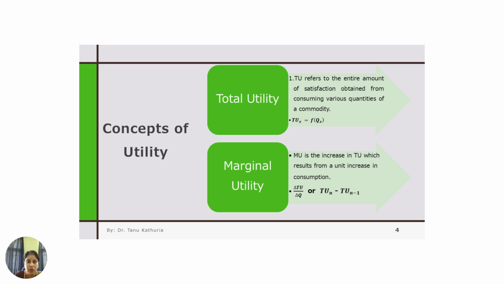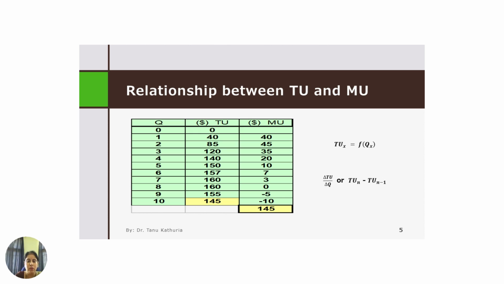But when I say marginal, it is the additional amount. That means TU of one unit minus TU of the previous unit, present minus the past, and the addition in the consumption will lead to the additional utility. That's how we measure the marginal utility.